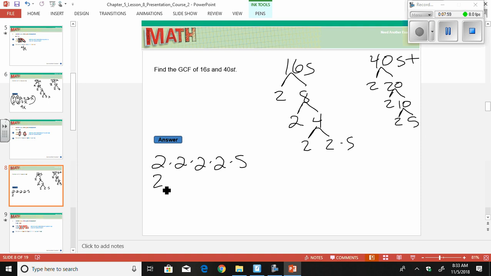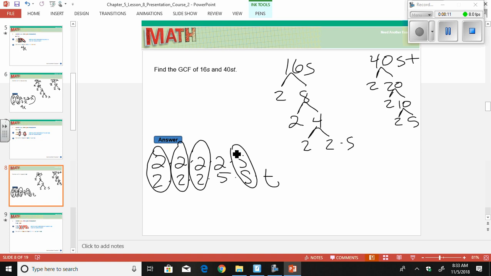So then that's 2 times 2 times 2 times 5 times an S times a T. So we have 1, 2, 3 2's in common, and an S in common. So 2 times 2 times 2 is 2, 4, 8 times S. So 8S is our GCF.